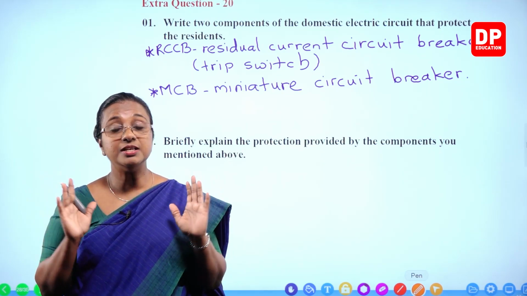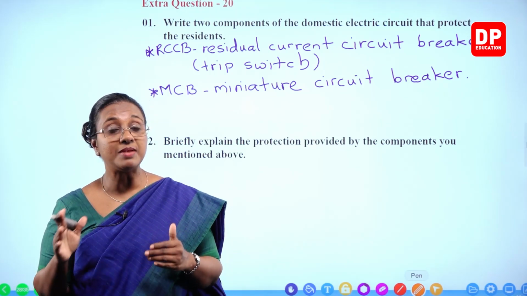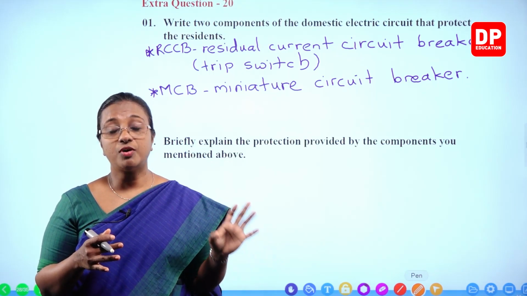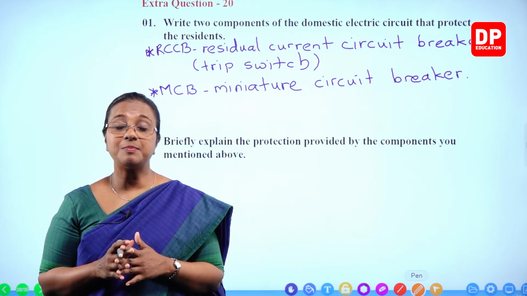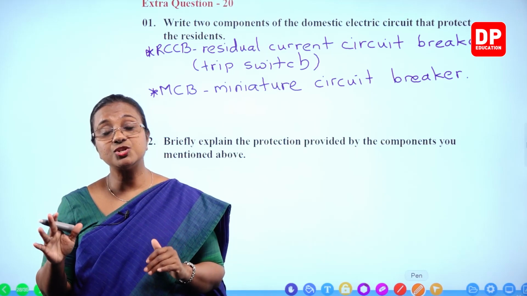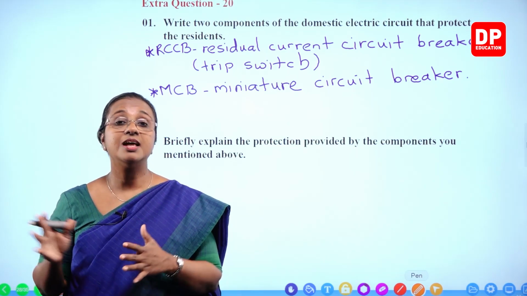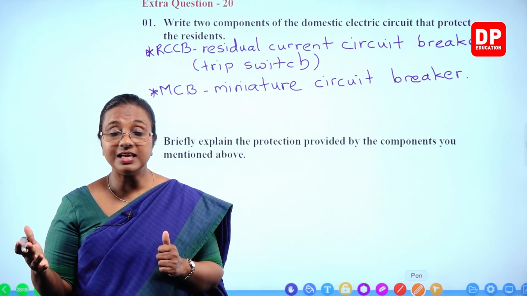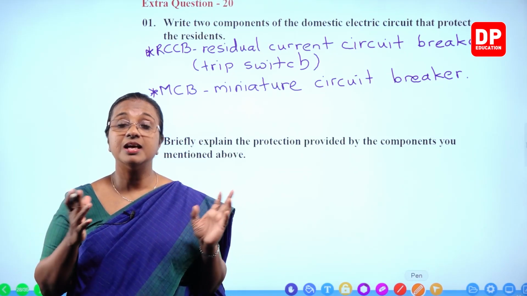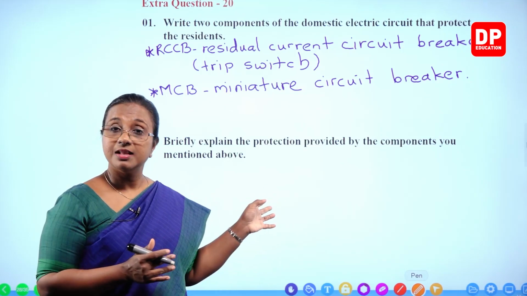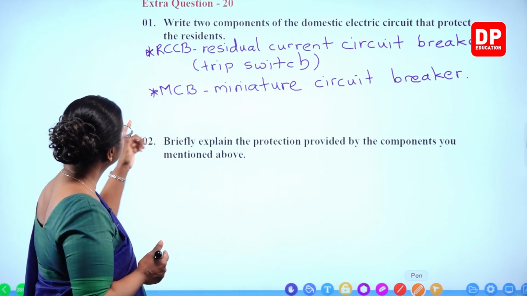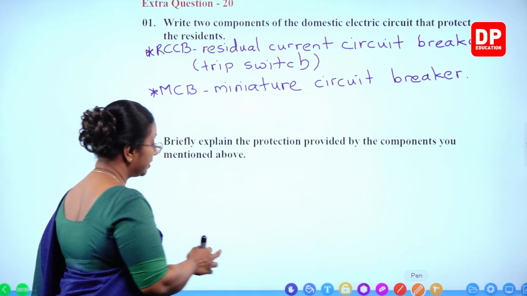But you all know it does not protect the residents from lightning. Although sometimes the trip switch can disconnect the electricity supply to the household, it does not ensure protection against lightning. It is only when there is electricity leakage or earthing of current that the trip switch protects the residents from electric shock. That is how the RCCB protects the residents.